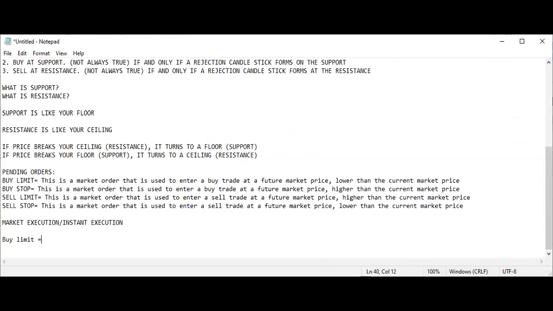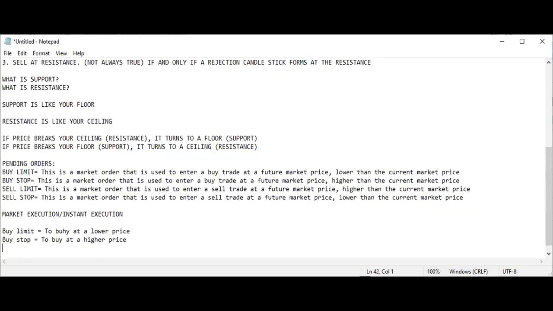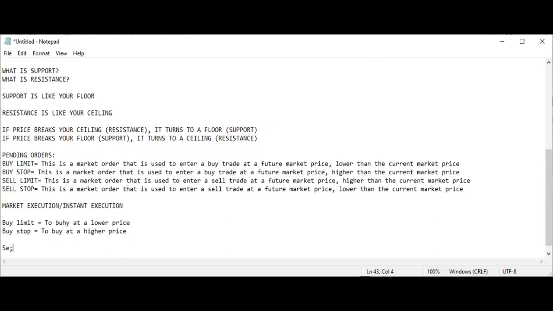Buy limit, to buy at the lower price. You guys can copy all these things and jot them down so you won't forget.